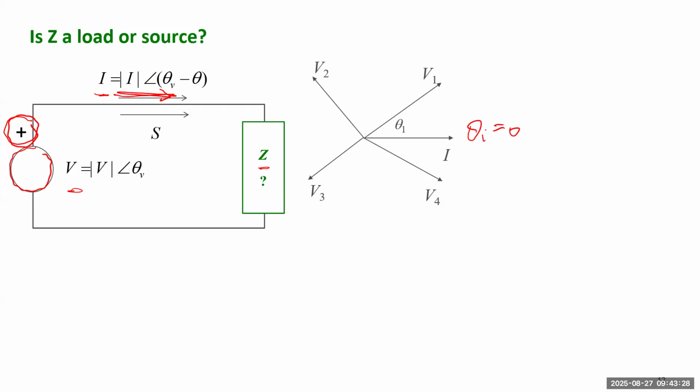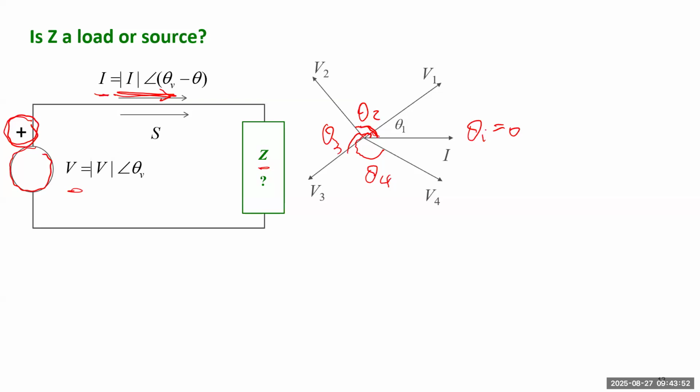If it's the second quadrant, this is theta 2, right? And this is theta 3, and theta 4 will be all the way here. So theta can change from 0 to 360 degrees.